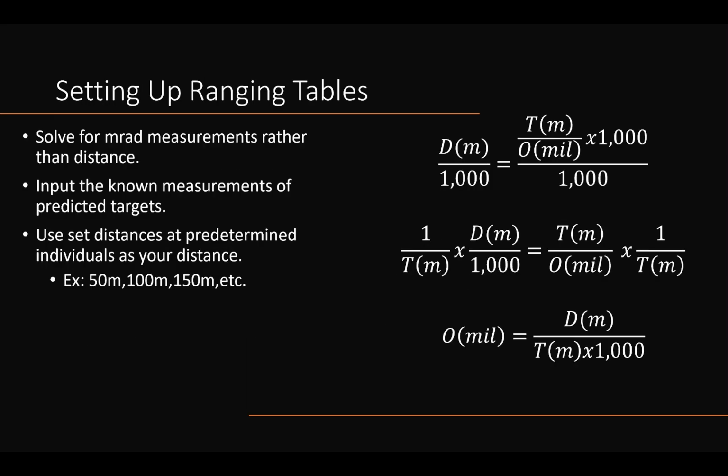So if you need to set something up on your own, just like I showed you earlier, this is the formula you would use to do so. If you need to isolate for another variable, you just flip it around. That's the formula for it. However, this is useful if you have a different set of threats that are going to be in the area than what I provided you, and you need to input heights, lengths, widths at set distances.